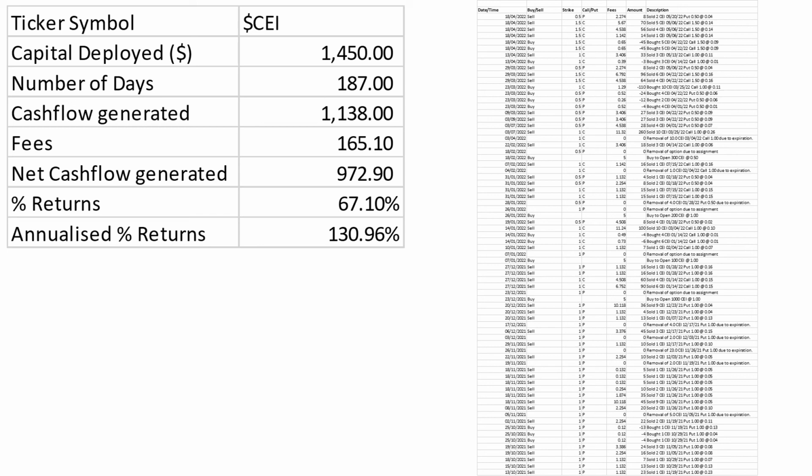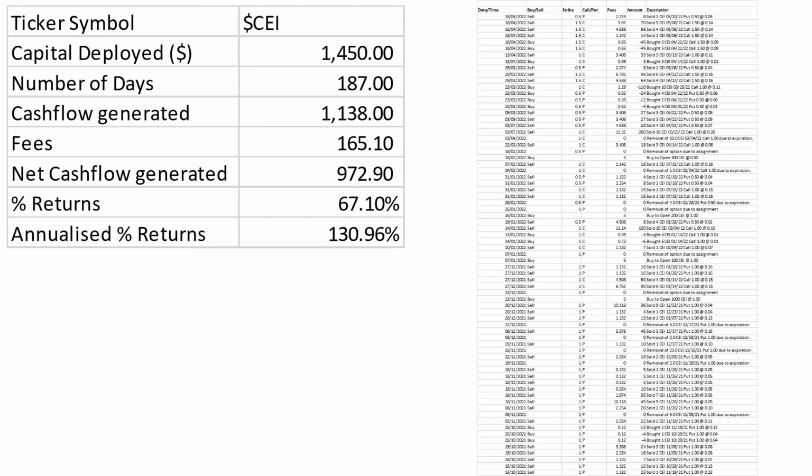And what you see on the left hand side is a summary of what transpired and the kind of cash flow that was generated. So the capital deployed was $1,450, which is the same as what we mentioned in the previous slide. The period from October till April was 187 days.